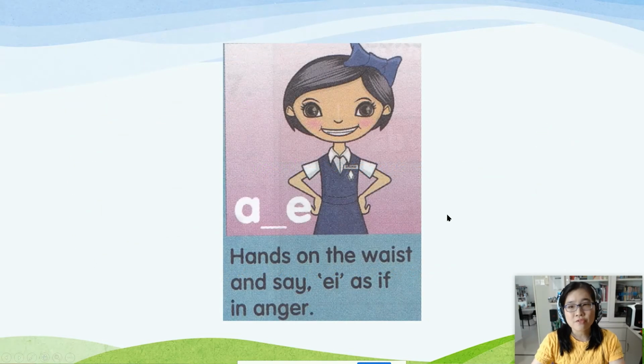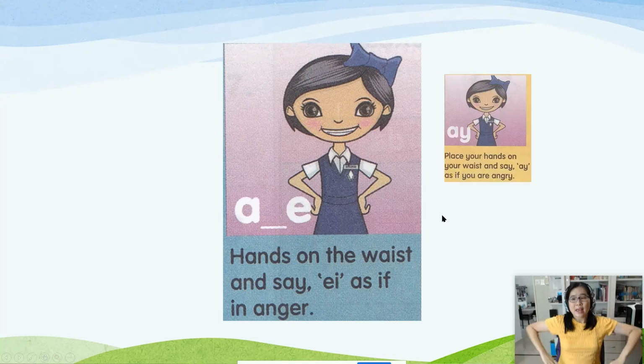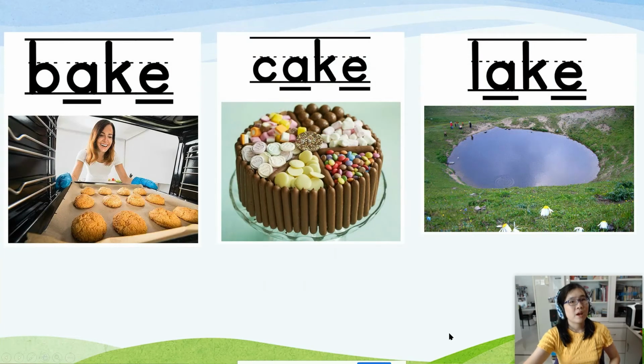Now let's look at the first sound. A-E, A, just the same as AY. So now let's look at the words. B, A, K, bake. The second one, K, A, K, cake.